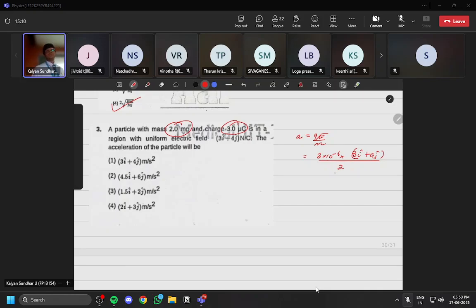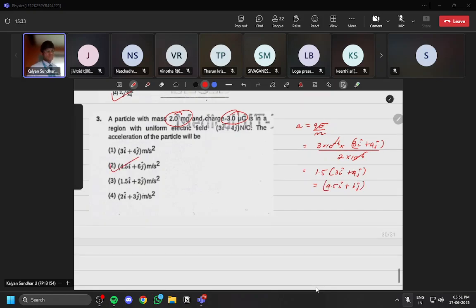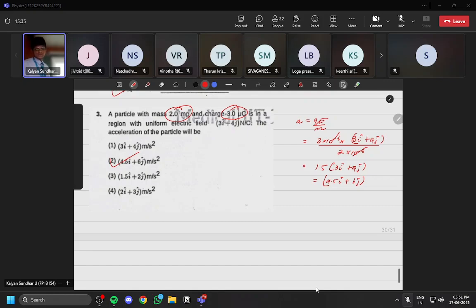Many of them have taken it as 10 to the power minus 3, but converting to kg it becomes 10 to the power minus 6 for the kg power. Right? So the 2 cancels. It will be 1.5 into 3i cap plus 4j cap. So it will be 4.5 i cap plus 6 j cap. Many of them have given the correct answer, so no issue on this.